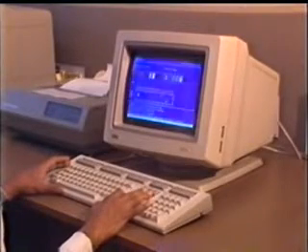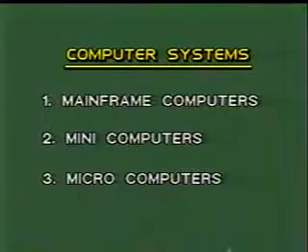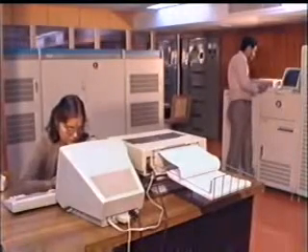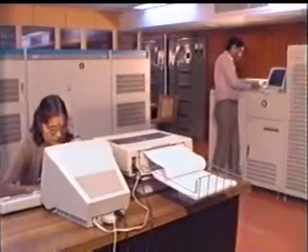According to the capabilities, computer systems have been divided into three categories: mainframe computers, mini-computers, and microcomputers. Let us have a look at all of them. This is the mainframe computer.